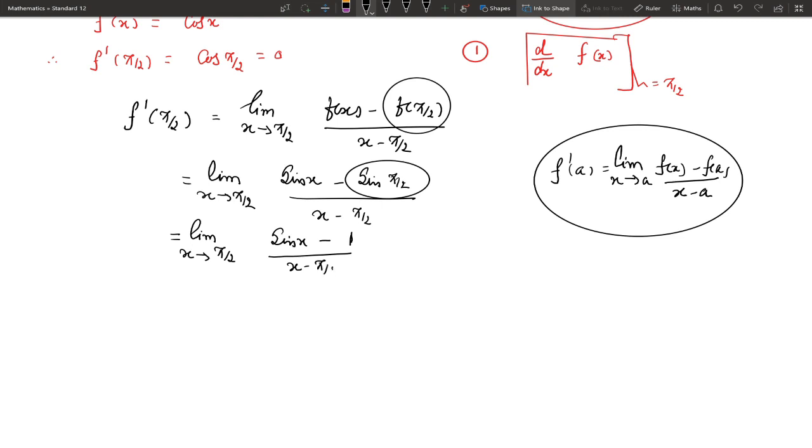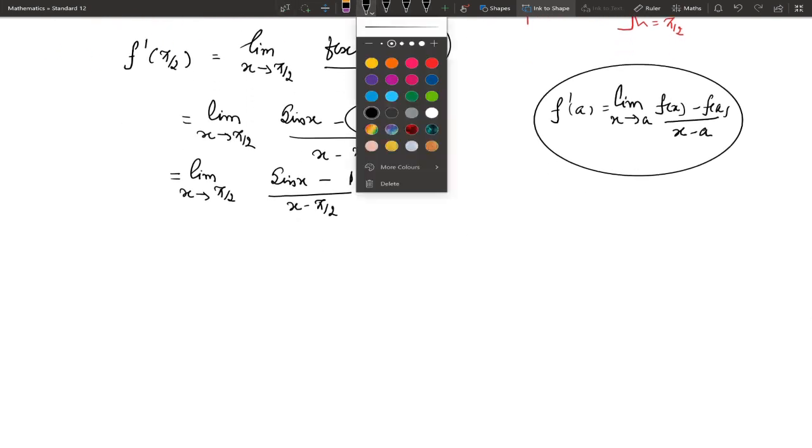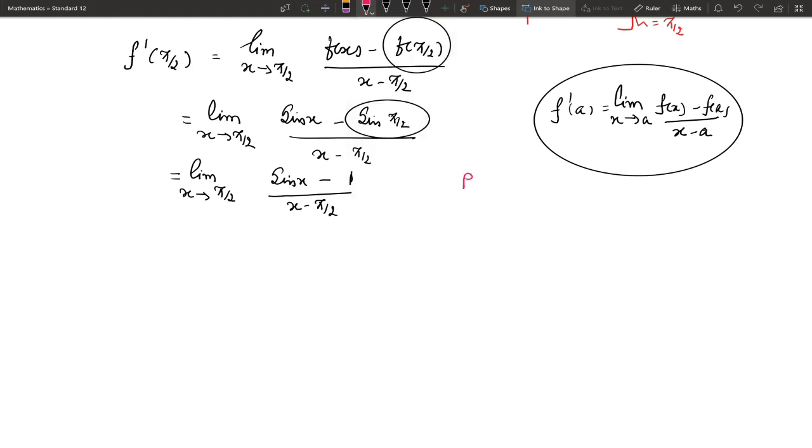Now to evaluate this limit, put x minus pi by 2 equal to theta. We suppose x minus pi by 2 equal to theta.